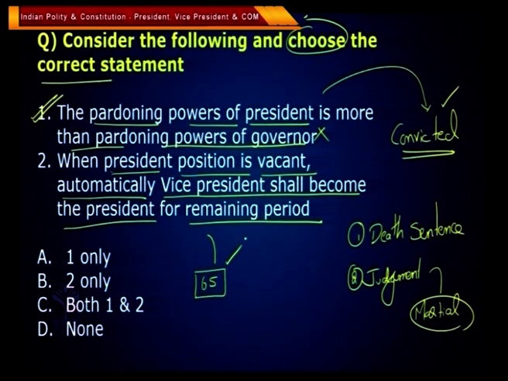While starting the introduction of this lesson, I told you, according to Article 65, the Vice President shall act as the President of India for not more than 6 months when the President of India position is vacant.